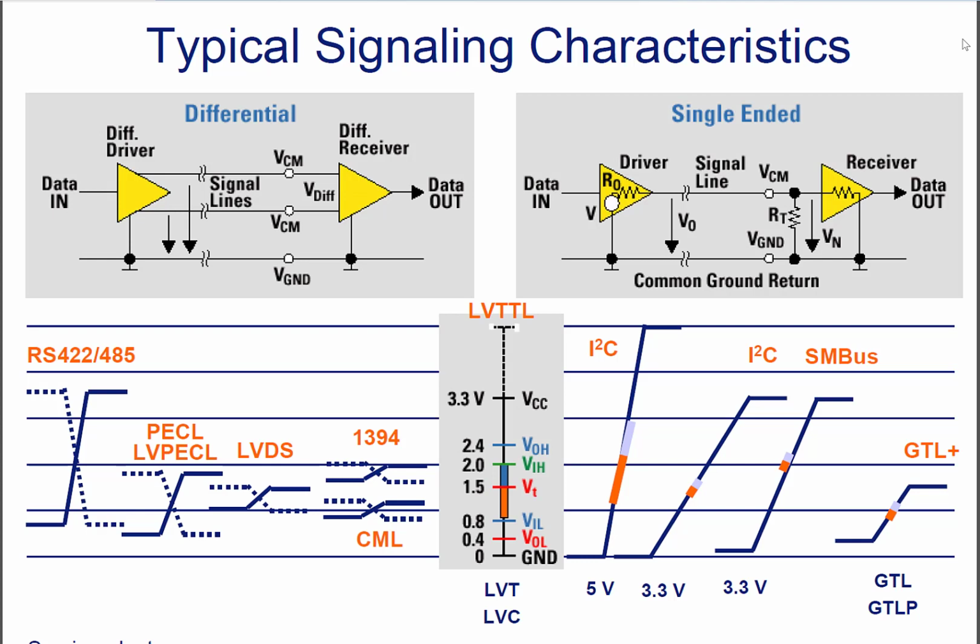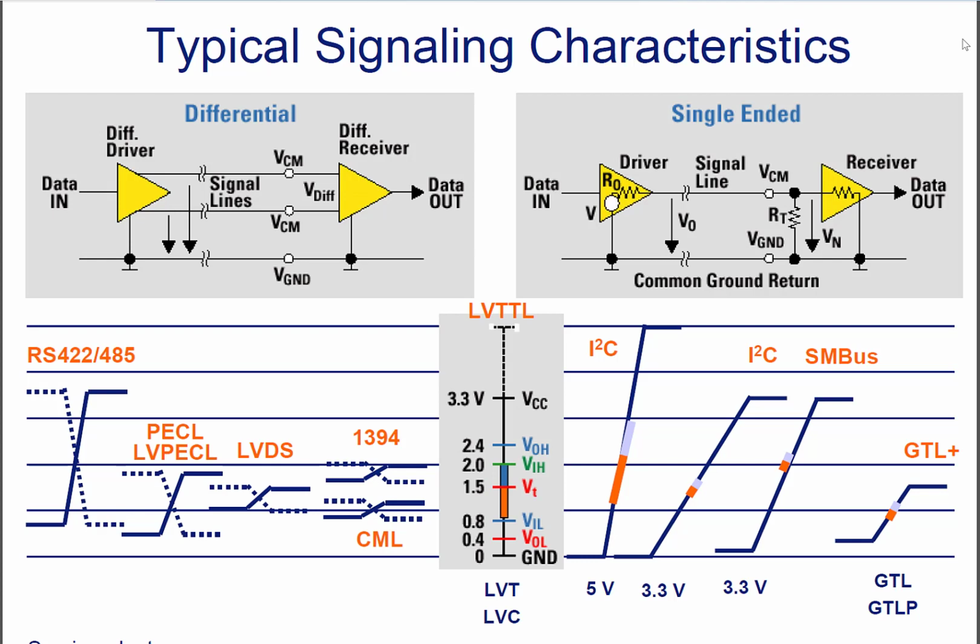A differential signal uses a differential amplifier, which takes the difference between the two incoming signals, and any signals common to both are shown as VCM in this diagram. Any interference would be common to both signals, and because it's the same on both lines, when you do the subtraction, it gets eliminated, and just the actual data signal is left.